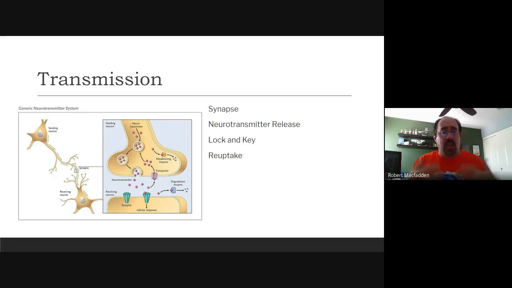That's one of the things, for example, the medication Prozac. It is a selective serotonin reuptake inhibitor, or an SSRI, which means when your sending neuron releases serotonin into the synapse to be absorbed by the other dendrite, normally what would happen is it would reuptake that serotonin.